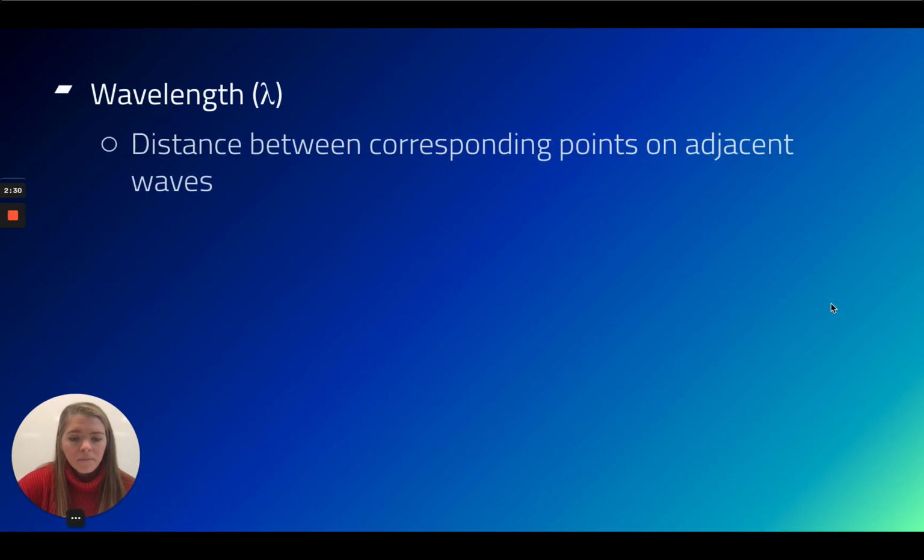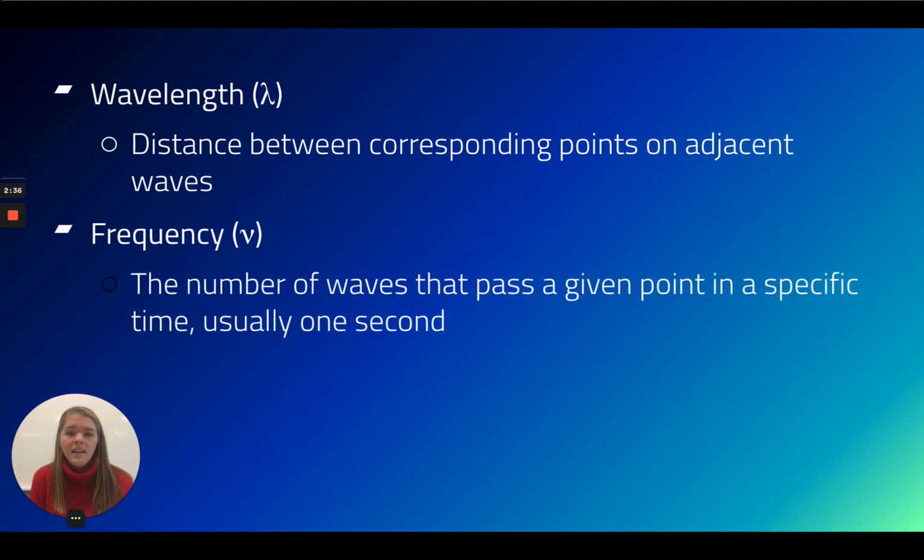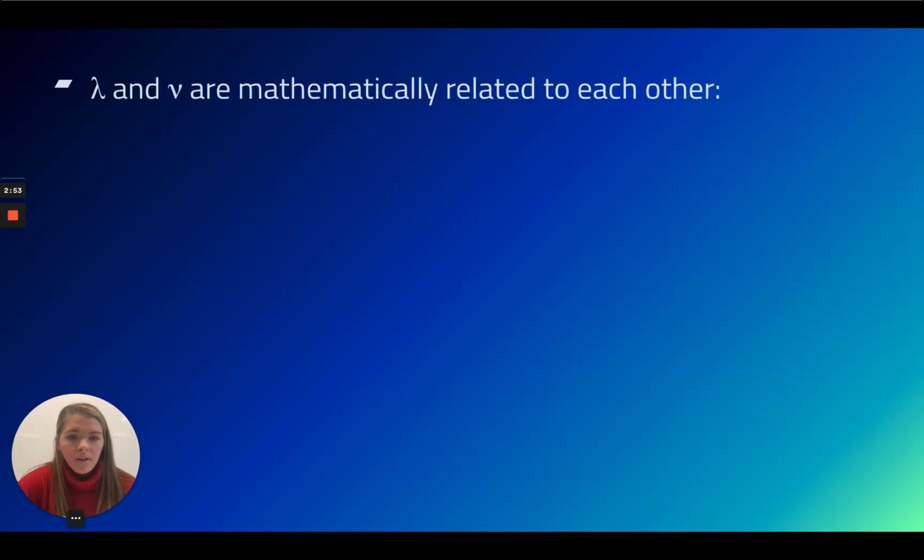Whereas frequency is denoted by this letter nu, and is the number of waves that pass a given point in a specific time, usually 1 second. So how fast is it going up and down? Wavelength and frequency are related to one another through this formula where c equals wavelength times frequency.